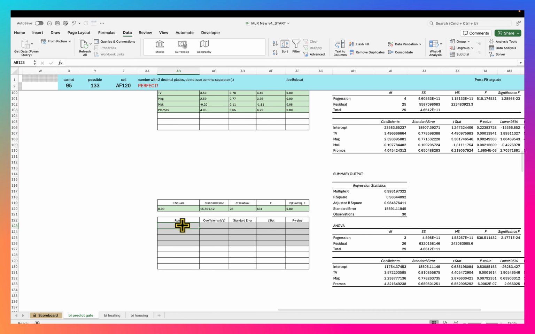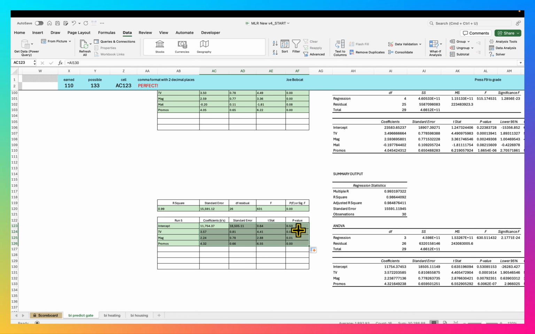All right, now for our predictors, you've got the intercept. And then for the coefficients, down and across.